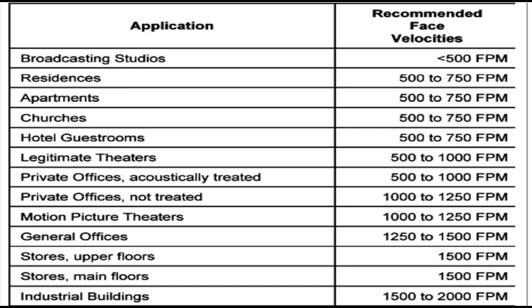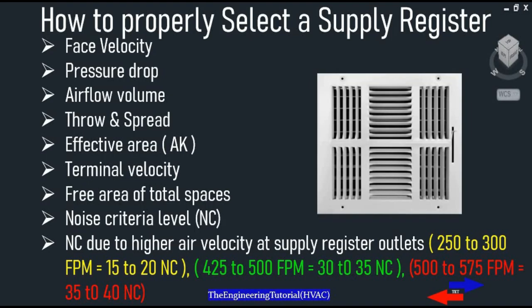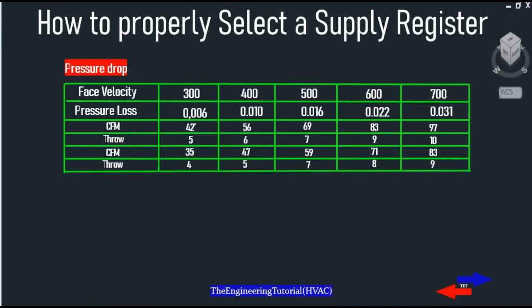If you look at this engineering data, the recommended face velocities for residential areas are in the range of 500 FPM to 750 FPM. The second one is the pressure drop, which is measured in inch of water column, so we should not select pressure drop higher than 0.03 inch of water column for residential areas.